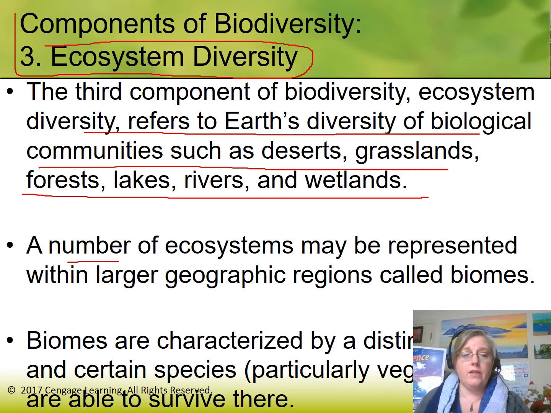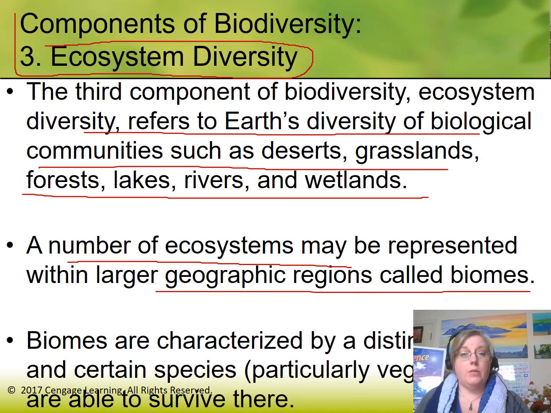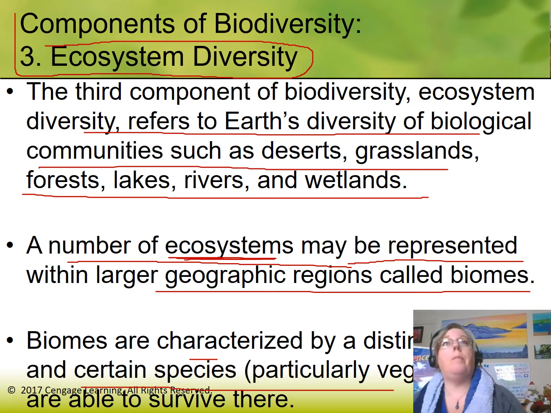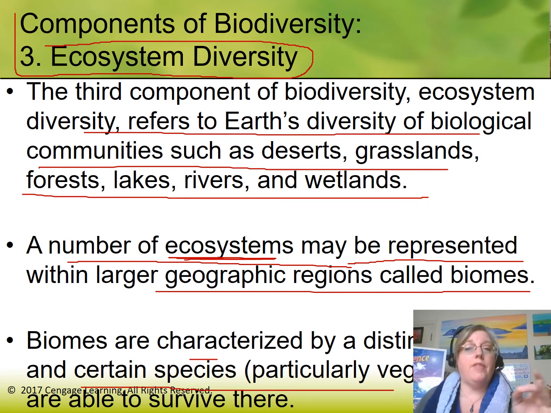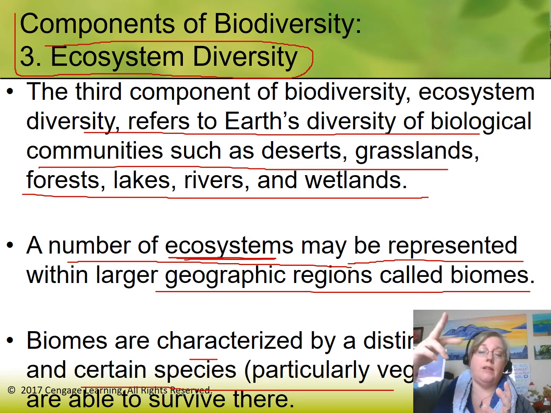So the number of ecosystems can be represented in larger groups called biomes. Okay, so ecosystem is a smaller term, biome is a larger term. And they're characterized by having a certain type of vegetation, plants. The biomes are determined by the plant life. All right, so certain plants need this amount of sunlight and this amount of rain to live there.